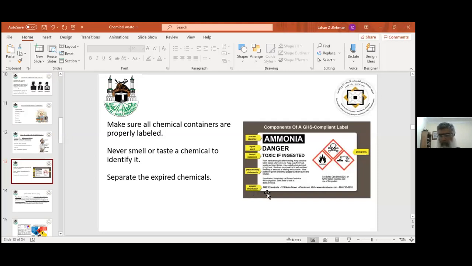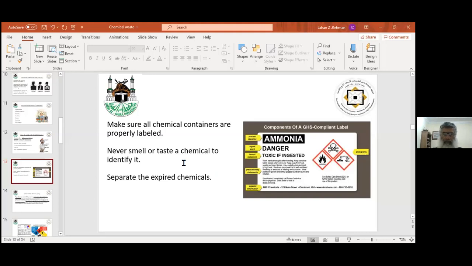It also gives you some information about what you should do as an initial step if you deal with this chemical in a wrong way, because the ultimate step is to take the person to the doctor. Before this, you can drink a lot of water, you can drink milk, or other basic materials. But the best way is to take the person and run towards the hospital or the doctor.